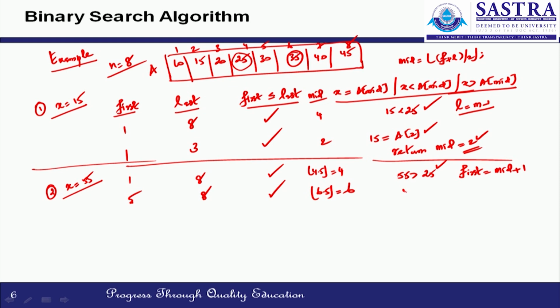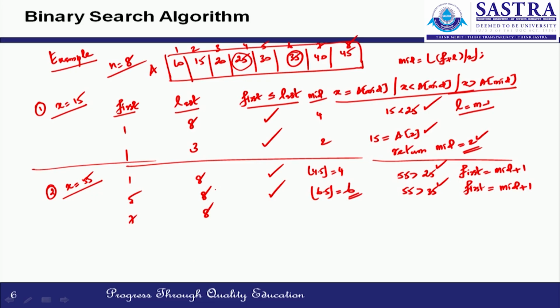Again 55 is not equal to 35 and 55 is not less than 35. So 55 is greater than 35. First again needs to be updated. First is equal to mid plus 1. Updating first to mid plus 1, 6 plus 1, 7.